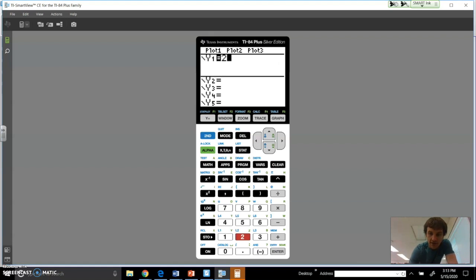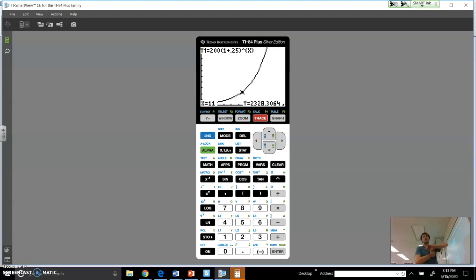Let's just clear all that. 200. We were doing 1 plus 25% as a decimal. And then we are raising that to different powers or different years. So we can see that this is really increasing rapidly. And it's because 25%, that's a pretty big percentage, way more than 1% or 1.5%. So we're increasing much, much quicker.